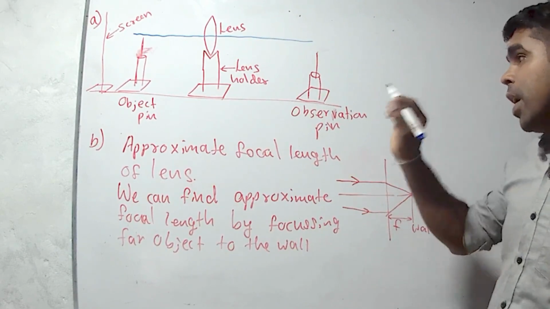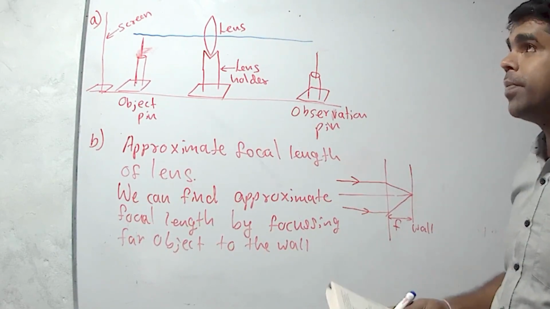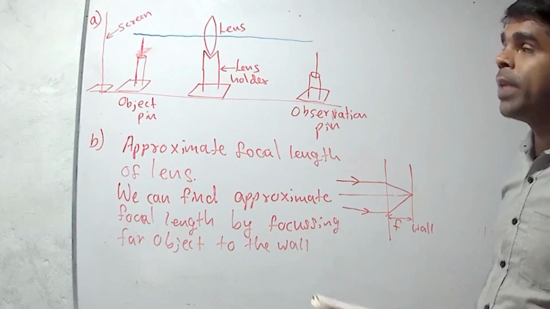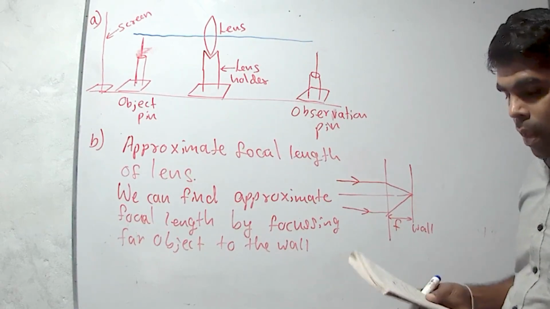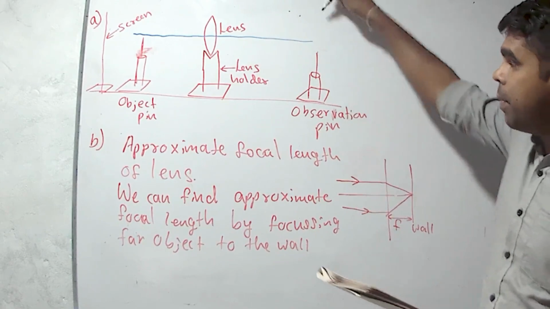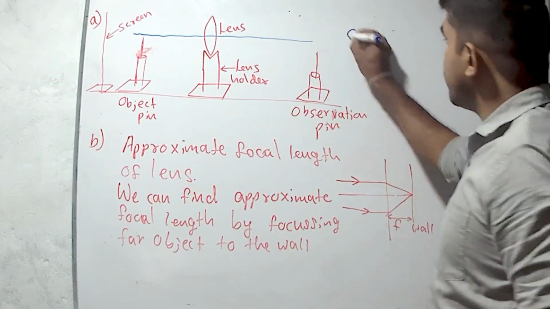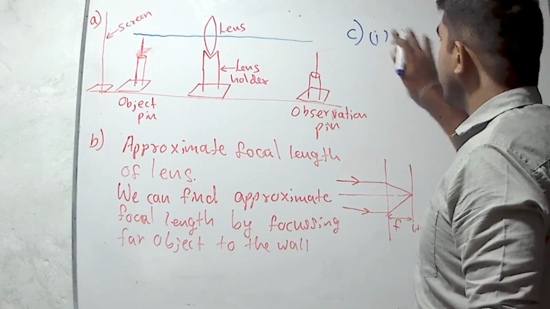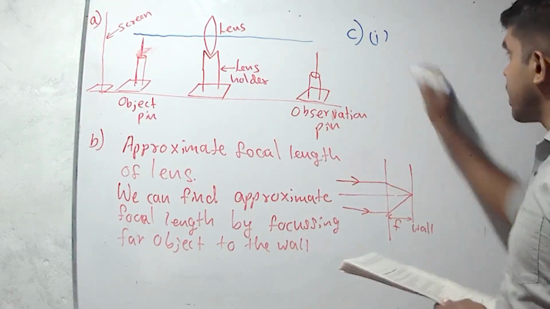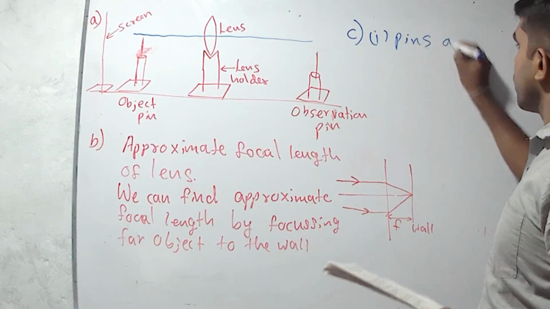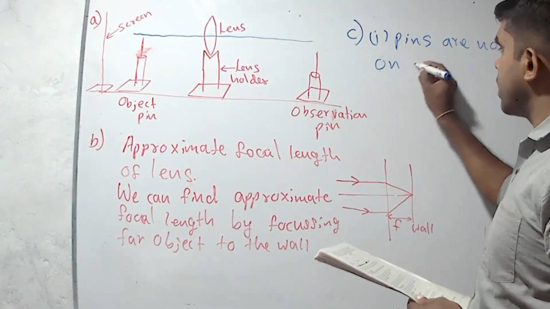If both pins are not on the optical axis, we can't coincide the image and the observation pin. So the first one is that the pins are not on the optical axis.